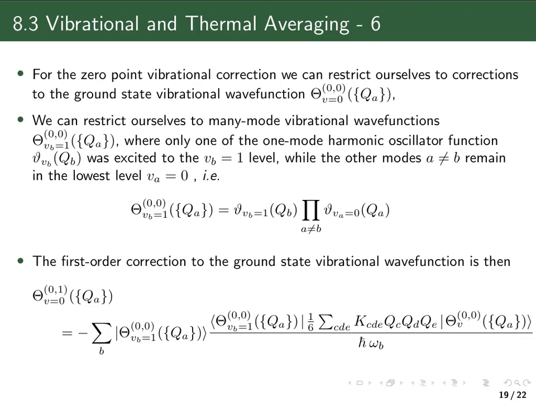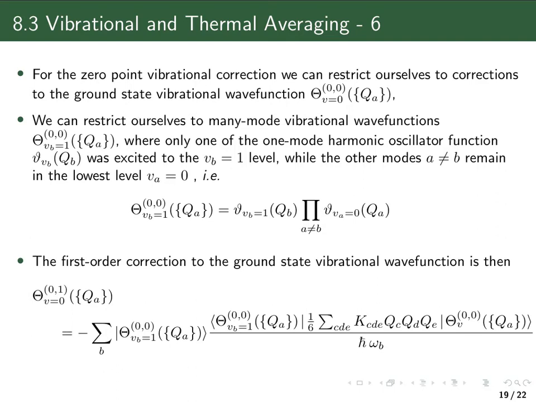The question is then, which of these many excited, unperturbed vibrational wave functions, products of harmonic oscillator wave functions, can make a contribution to the first order correction to the ground state vibrational wave function? And luckily, it turns out that actually not so many, because only if one of the modes is excited, we actually get a contribution to this first order wave function, because we are looking at a correction to the ground state wave function.